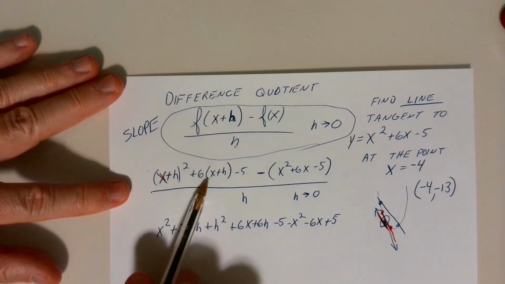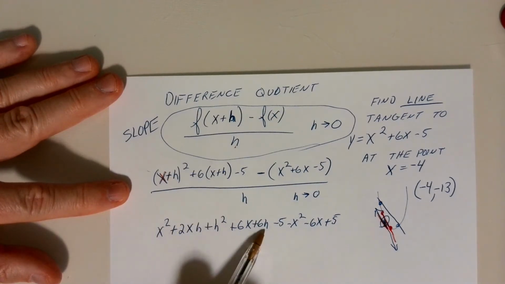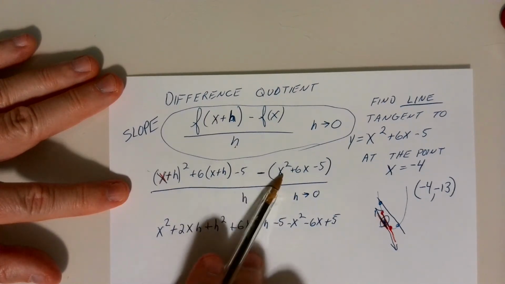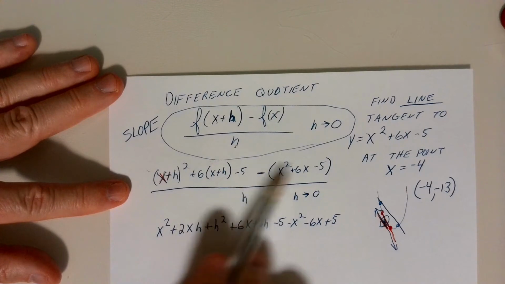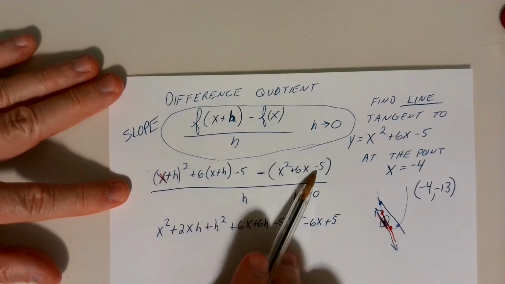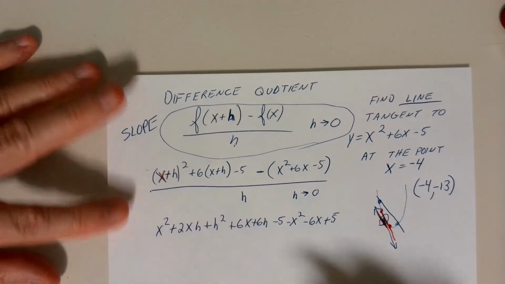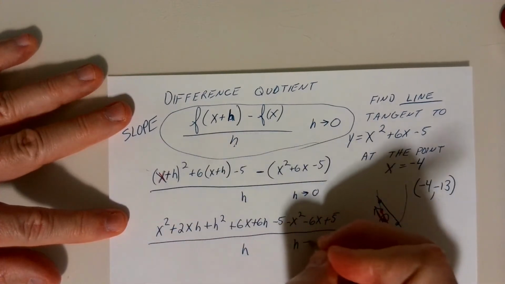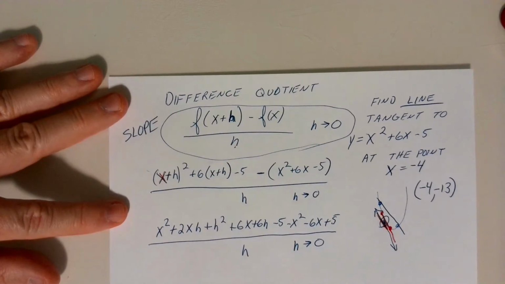I distributed the 6 into the parentheses, 6x plus 6h. Copy the minus 5 down. Then I had to subtract the entire function, so I have a minus x squared, minus 6x, and minus a -5 means plus 5. So I've got this whole thing over h as h approaches 0.